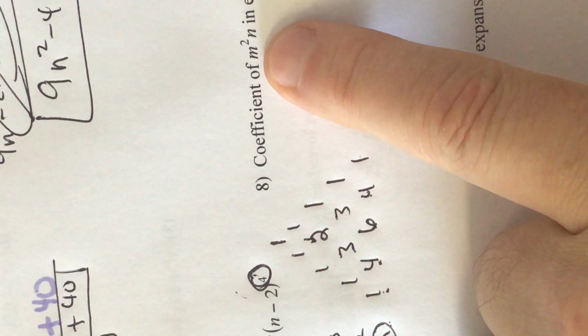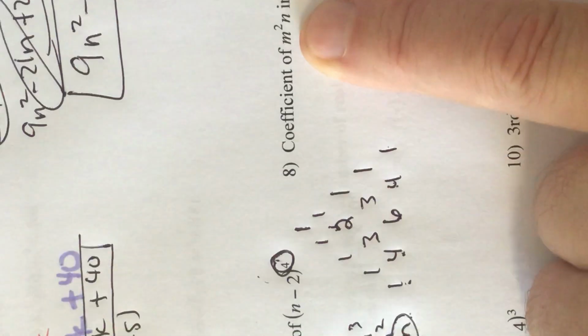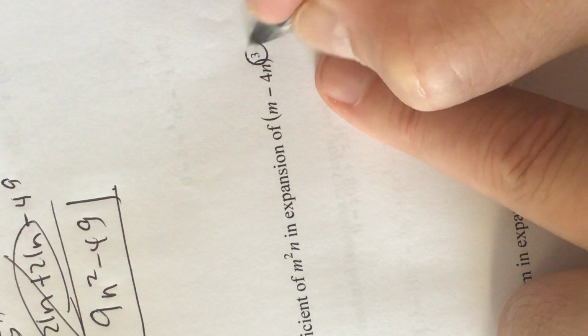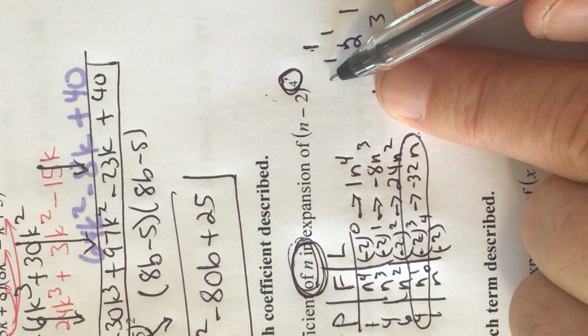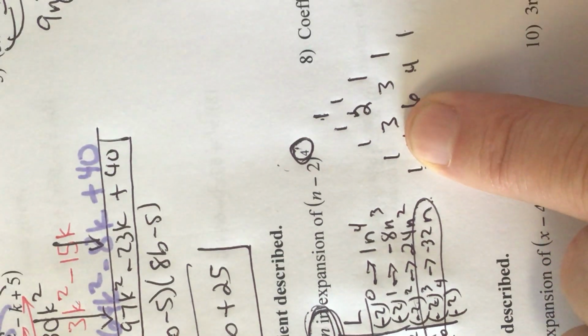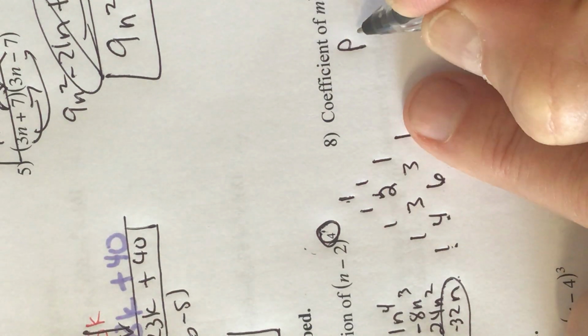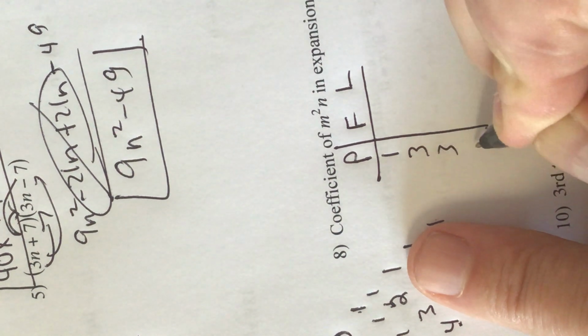Okay, so here they want it from m, we'll just do the one that they want this time, m squared n. So now it wants the third level. Okay, this is the 0 level, 0 row, 1 row, 2 row, 3 row. It's always the second number, 1, 3, 3, 1. So I'm going to go Pascal, first, last. 1, 3, 3, 1.